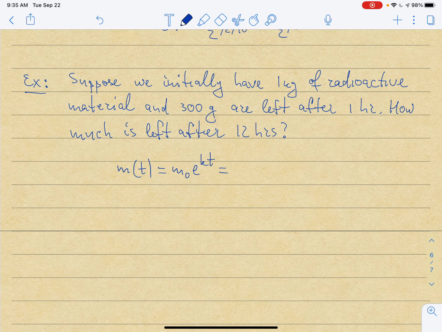M0 is equal to 1 kilogram. So this is e to the kt. And also what we know, that m of 1, now my time is measured in terms of hours, m of 1 is equal to 300 grams, so mass is going to be in terms of kilograms, so 300 grams is 0.3 kilogram, and that is equal to e to the k times 1. Right, so e to the k times 1 is e to the k.